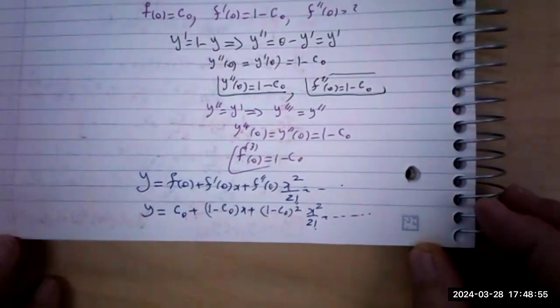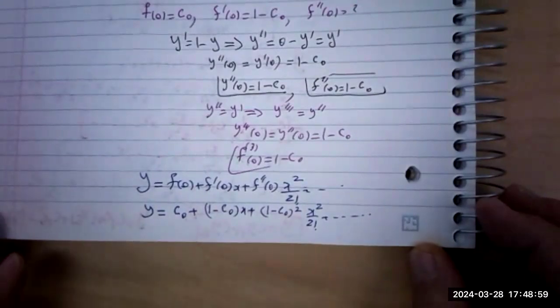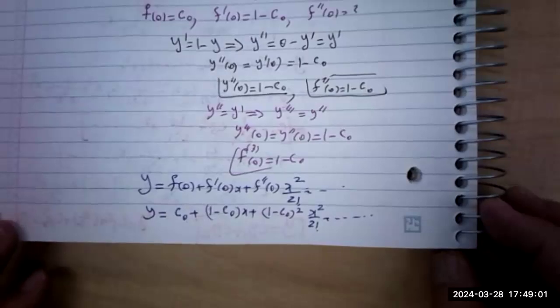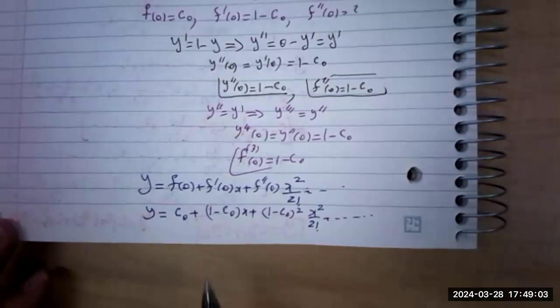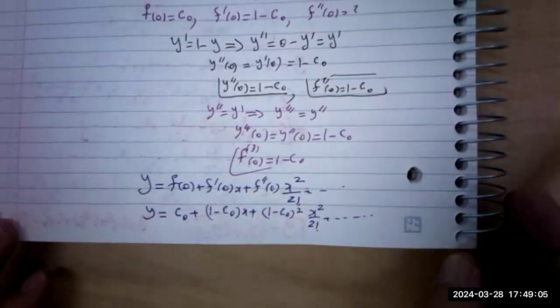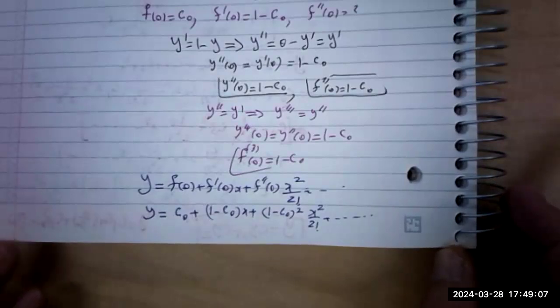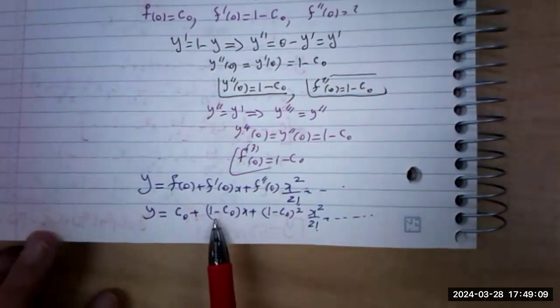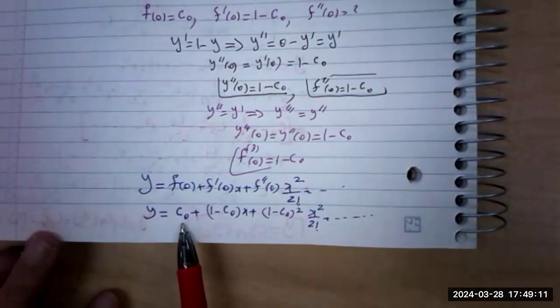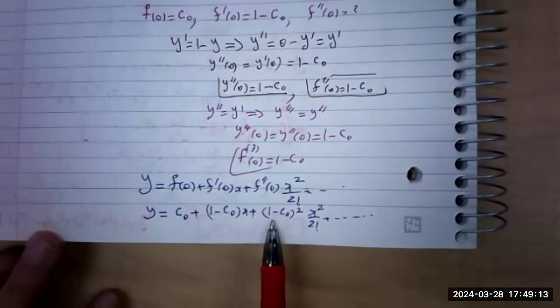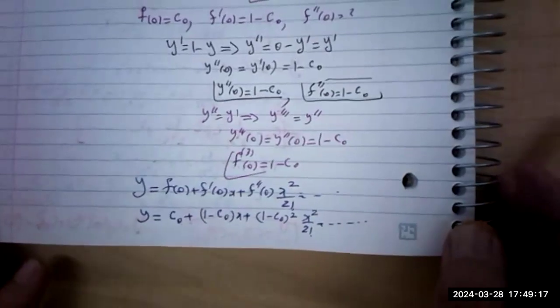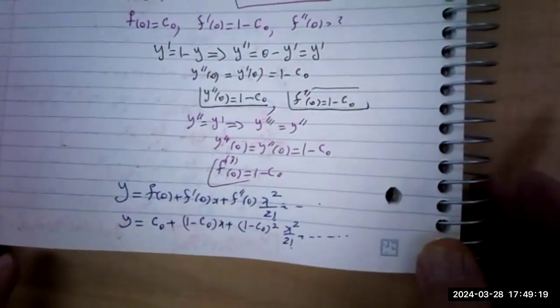So if you put them together nicely, this is your solution, but you can find out what type of solution you have. You can factor out that 1 minus c naught, that gives an idea. Any question? I can go to the next page. I leave c naught as is. All of them are 1 minus c naught, so I factor out 1 minus c naught, and then you will see the function that you are going to have.